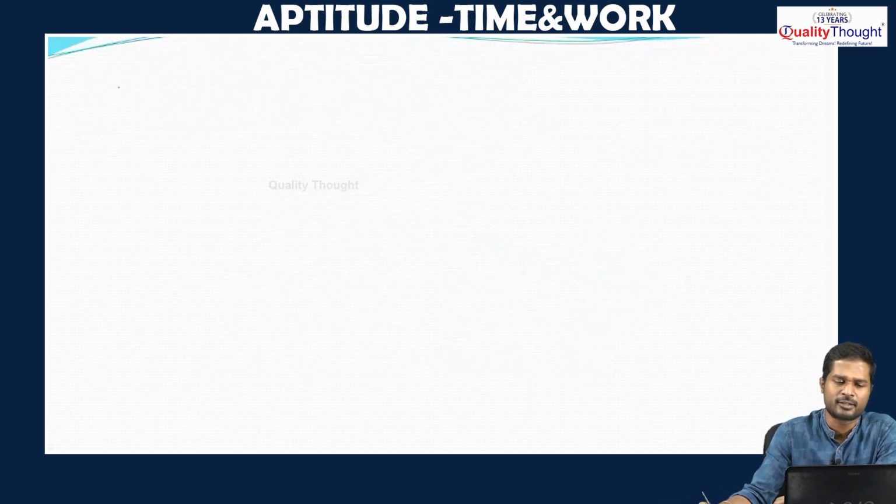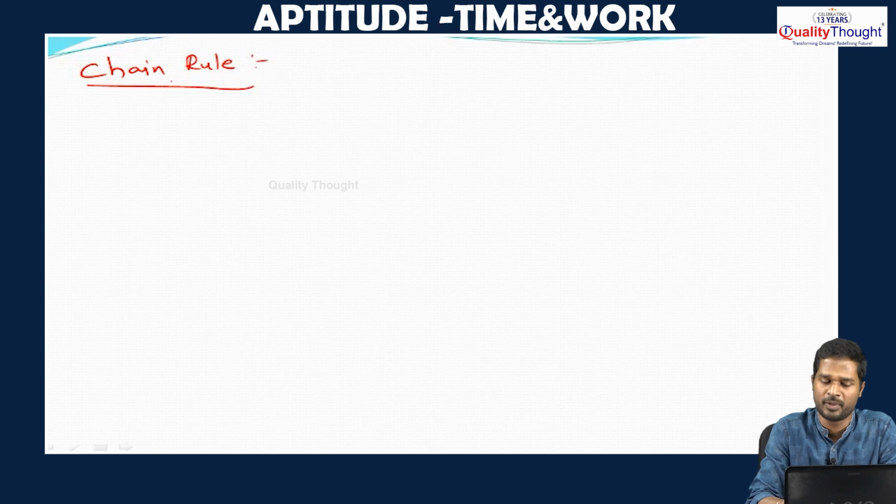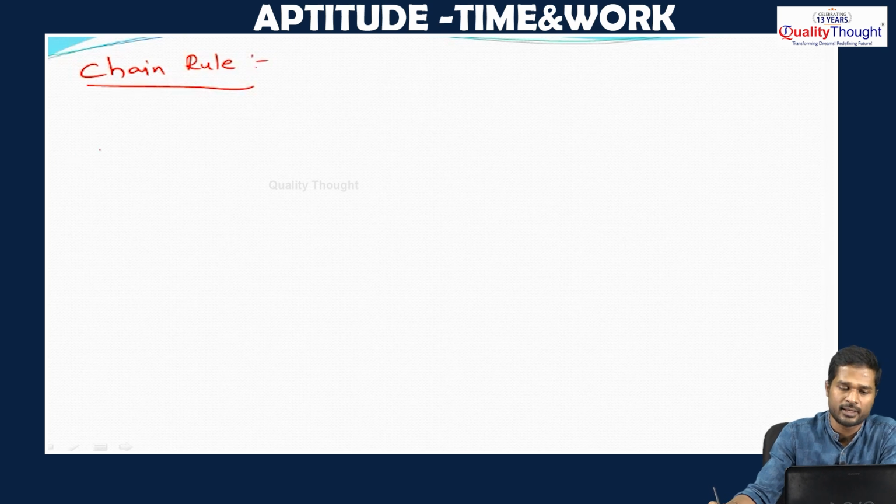Let us see a topic, a subtopic of time and work, which is called the chain rule. In this, we have a group of people, sometimes they will be doing the same work, sometimes they will be doing different work. Now, let us see, I will write here group 1 and let us take here group 2.